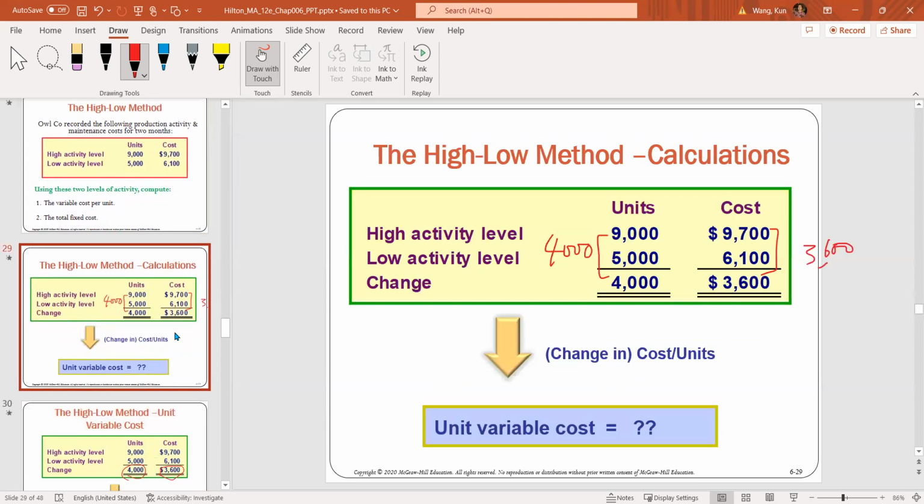It can be done manually. First you identify the differences between the cost and the cost driver. For this question, the cost driver is the unit, but overall this should be any cost driver you identify related to the data you are trying to analyze.